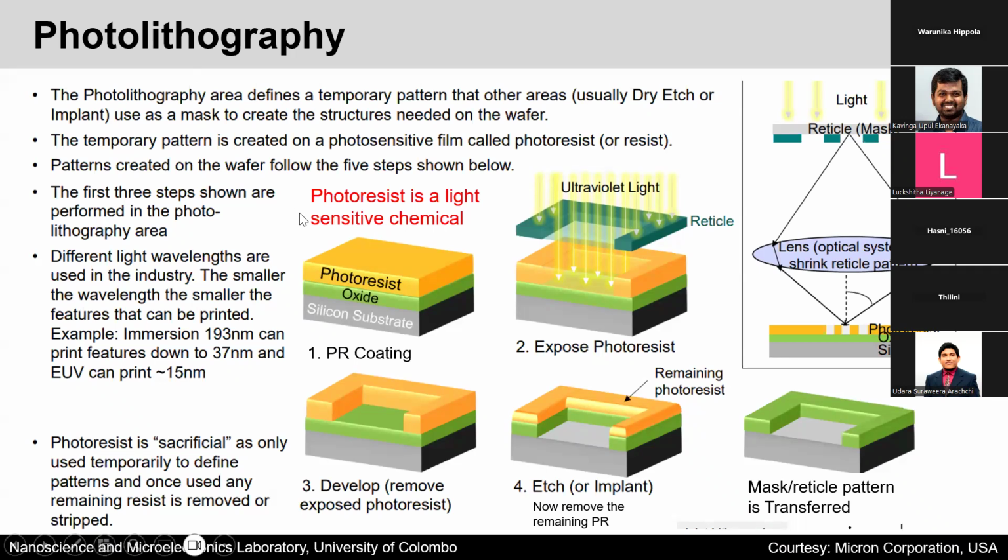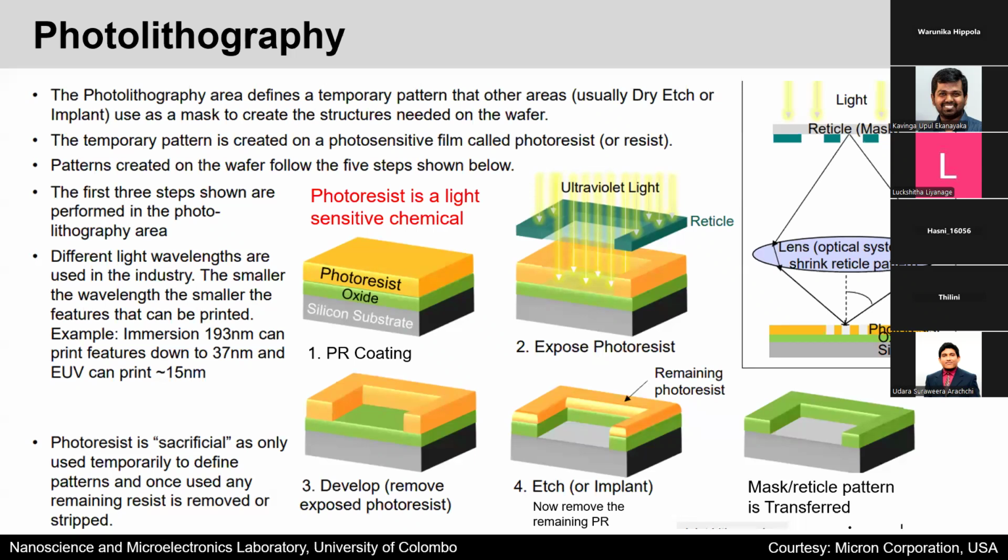Now you expose this photoresist to ultraviolet light through a particular mask. We also call this a mask or a reticle, right? This mask or reticle has a particular shape or pattern in it. Photoresist is made out of light sensitive chemicals.